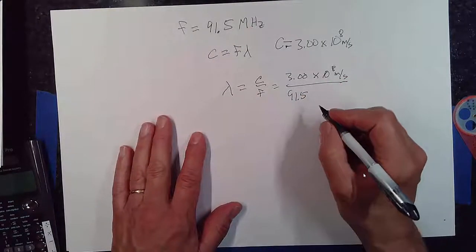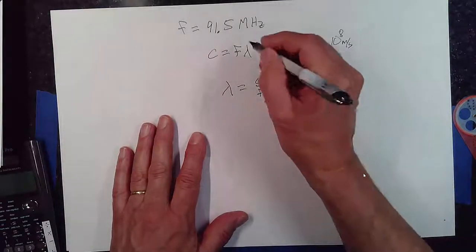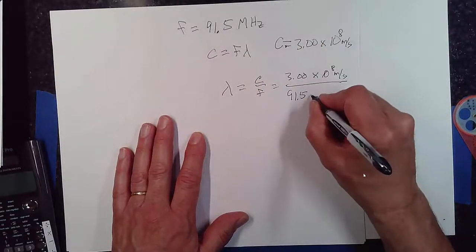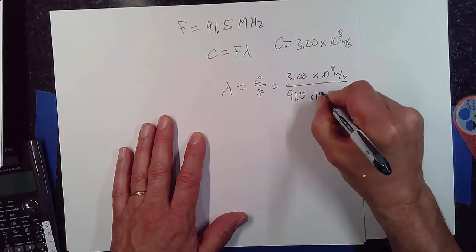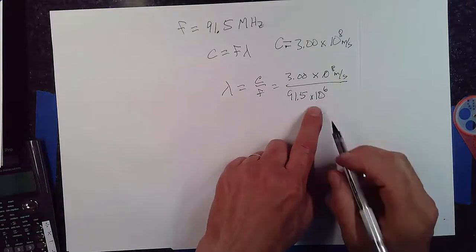That particular metric abbreviation means million. It means you can replace that letter with times 10 to the 6th. And so that's what mega means.